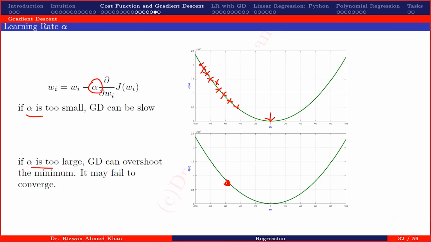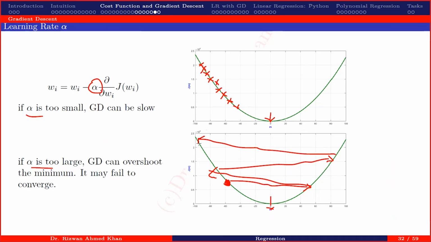Let's say the algorithm starts over here, and if alpha is too large, the step size is too big, and we want to reach over here. Maybe after one iteration it will jump over here, the second iteration would be over here, the third over here, and so on and so forth.